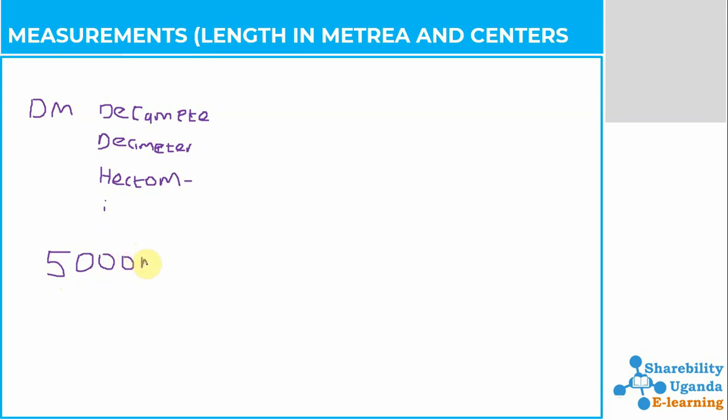We have our 5,000 meters, but we want to change this 5,000 meters to kilometers. So what shall we be able to do for us to change this?